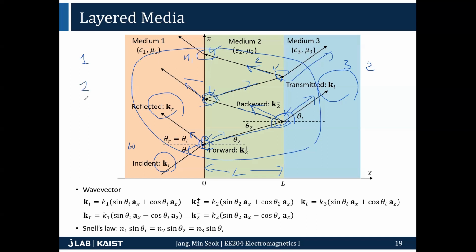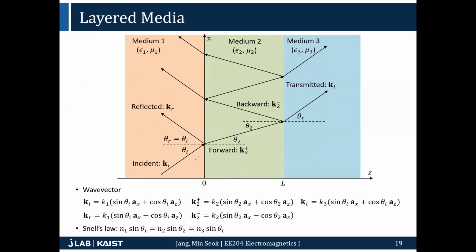Second way of solving this is that you realize that only a few sets of k vectors are allowed. So let's say this is the incident light, and here it's reflected light, right? No matter how many times it's reflected, all the reflected light have the same k vector, right?